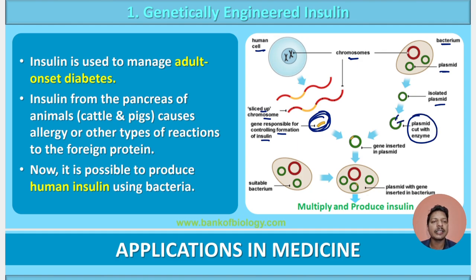Here it is cut like this, and that cut plasmid is then joined with the particular gene of interest, you see. Then this plasmid with the inserted gene is transferred to a particular bacterium, and the bacteria multiply and produce insulin.